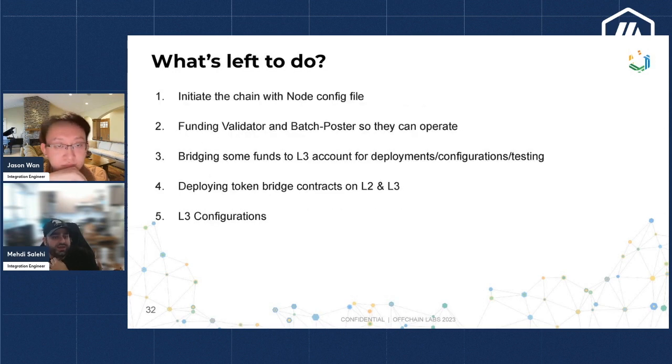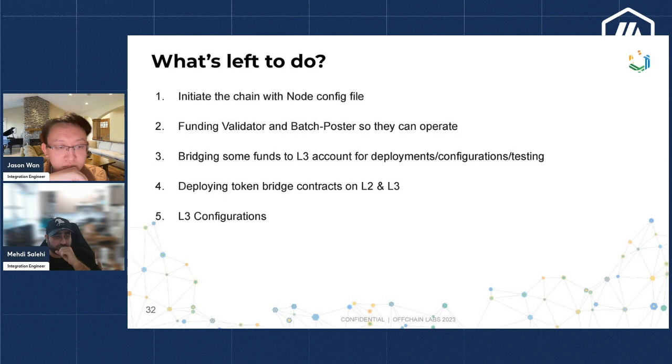What's left is that you need to initiate your chain with the node config that you downloaded. Also, you need to fund the validator and batch poster so they can operate as they need to, because they need to send transactions, for sure, and they need some amount of money in their pocket for the first transactions at least.